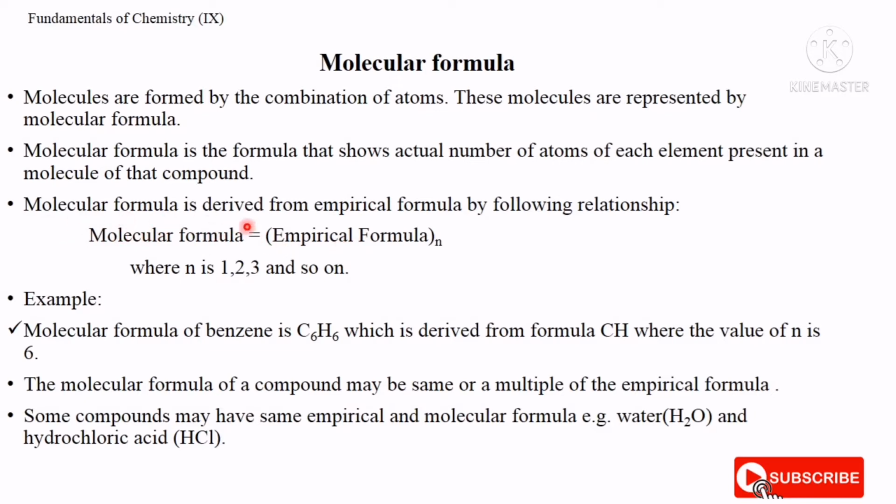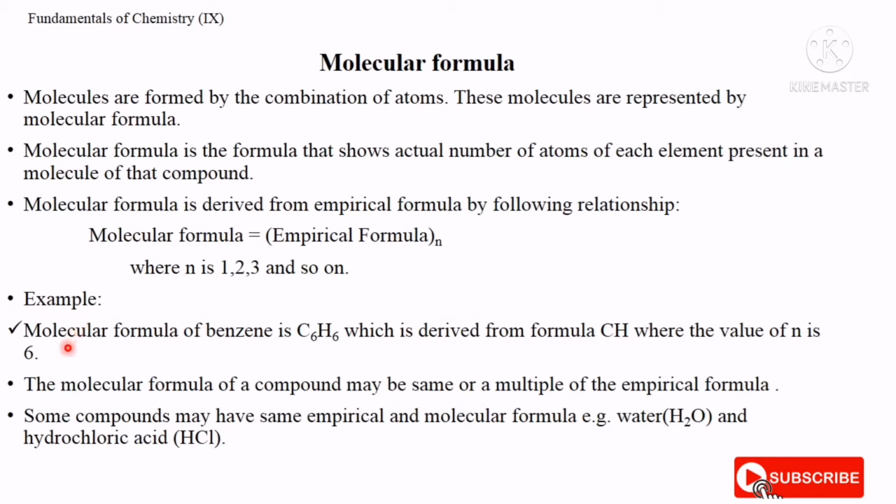Molecular formula is derived from the empirical formula by the following relationship: molecular formula is equal to the simplest whole number ratio in the empirical formula multiplied by n. n would be any natural number, that is 1, 2, 3 and so on.